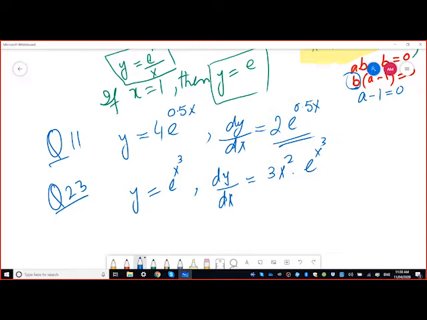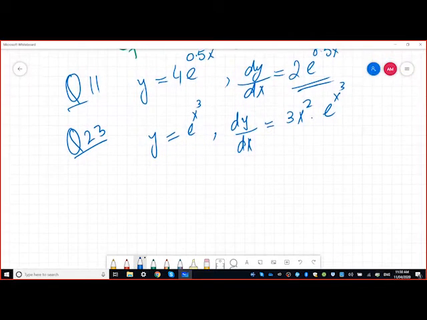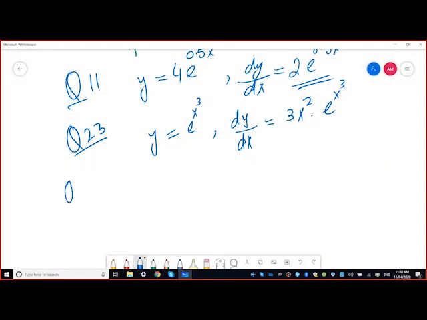Very nice. That's good. And we do question number 26 now. It is y is equal to e^x times square root of x. Kindly solve this. Which rule will you apply? The product rule.